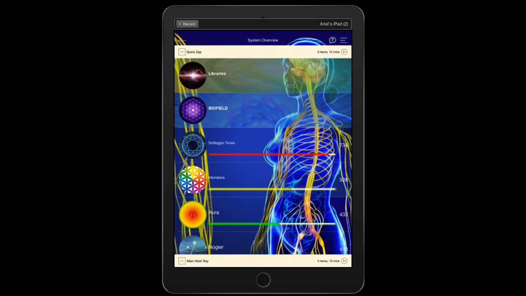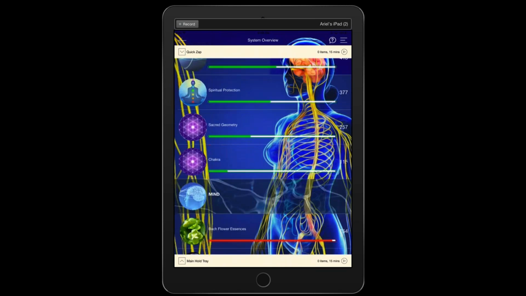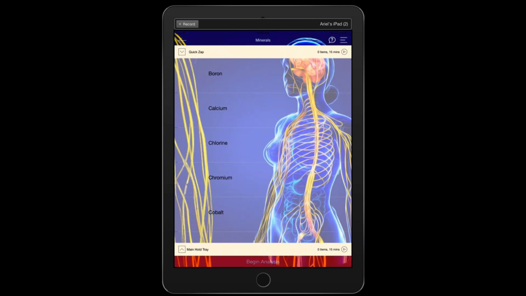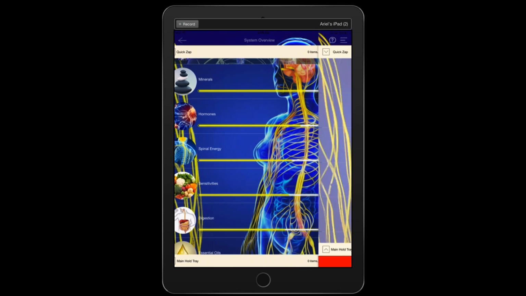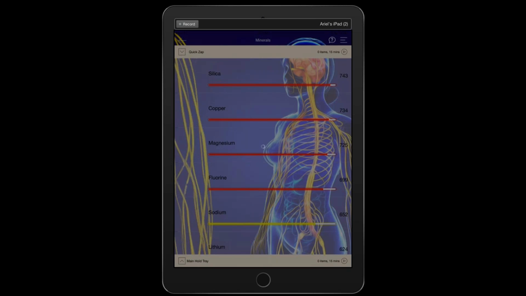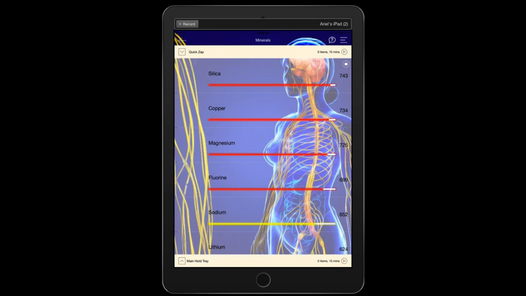Now, another thing to understand is that we are saying these are in the energy field. So let's explore that a little bit, because why are we talking about minerals in the energy field? This is how your energy field is looking at the particular issue. It doesn't mean it correlates exactly to the physical issue.